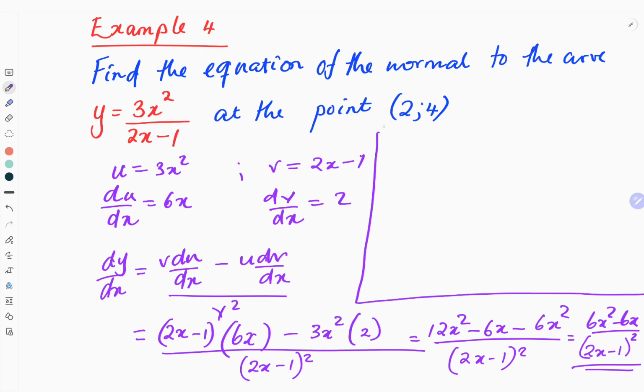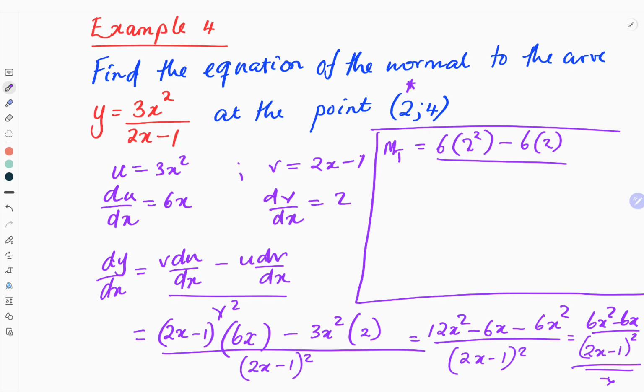Now, we have our dy/dx. Then we substitute the x value to get the gradient of the tangent. So the gradient of the tangent, mt, will be equal to 6 times (2 squared) minus 6 multiplied by 2, divided by (2x minus 1) to the power 2.